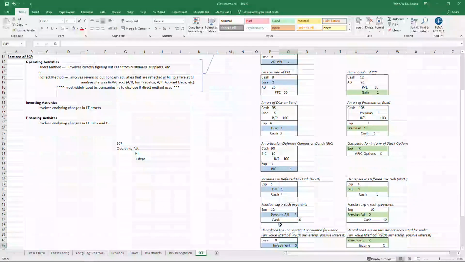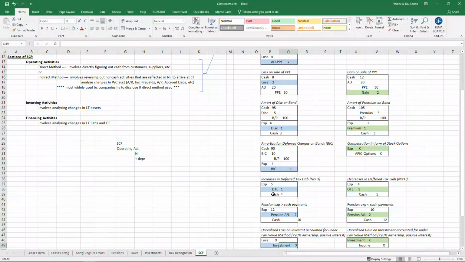What about deferred taxes? You learned about deferred tax liabilities and deferred tax assets. So I'm just going to explain the deferred tax liability example, and then naturally the opposite is true for the deferred tax asset scenario. But suppose you're in a period where your net income per accrual basis is higher than your taxable income per tax basis.